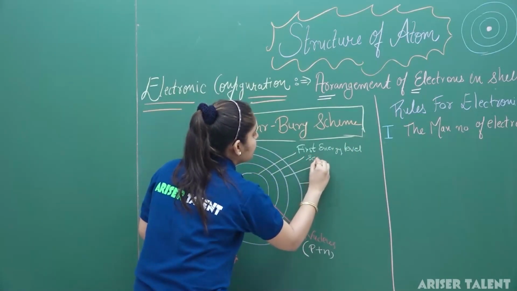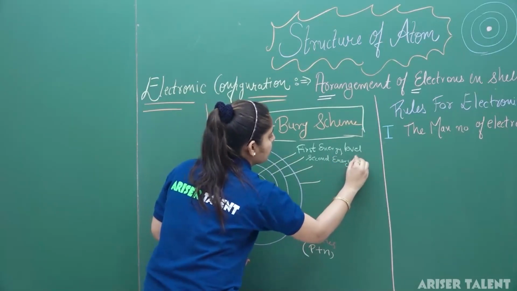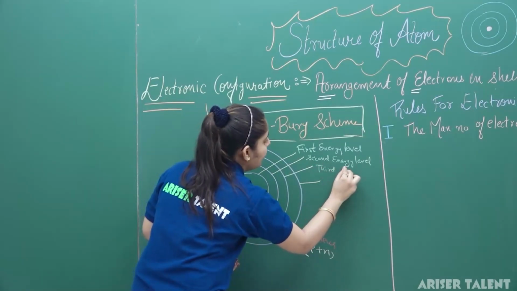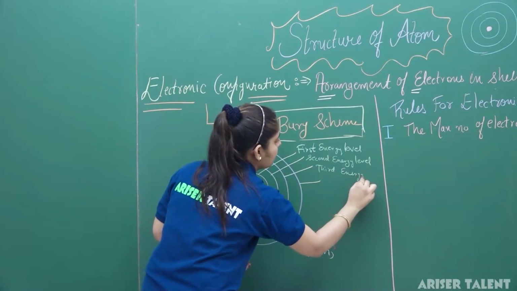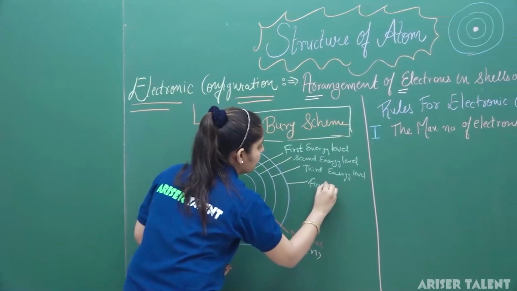This is the second energy level. This is the third energy level. And finally, we have the fourth energy level.